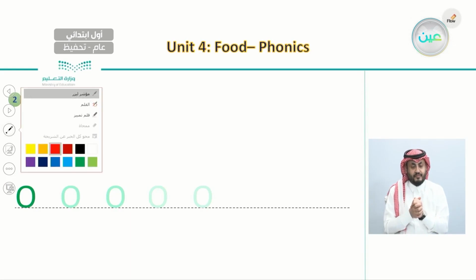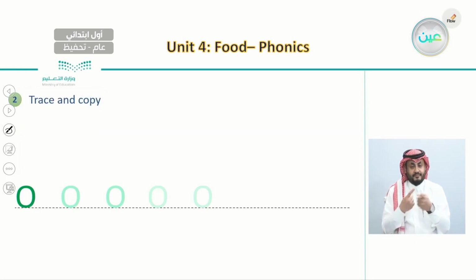We will start with the first letter here, which is letter O. All we have to do is trace letter O like this on our books, in a perfect way.